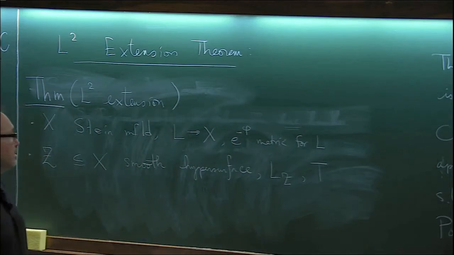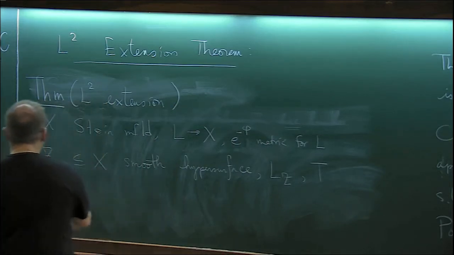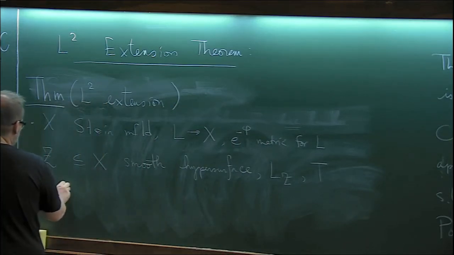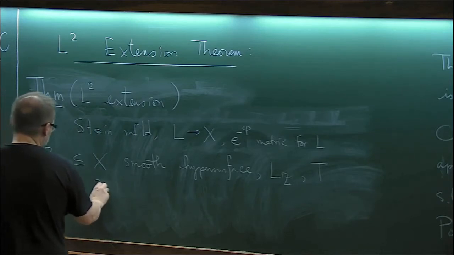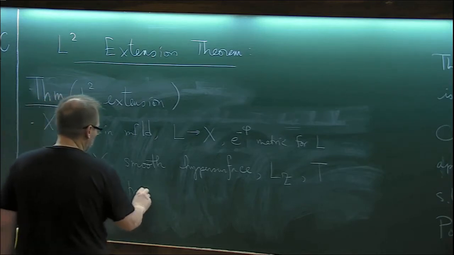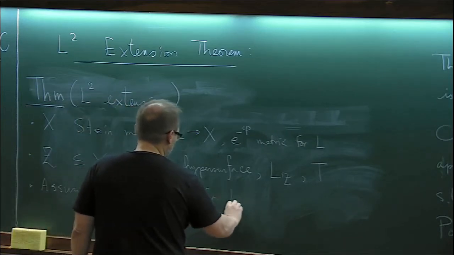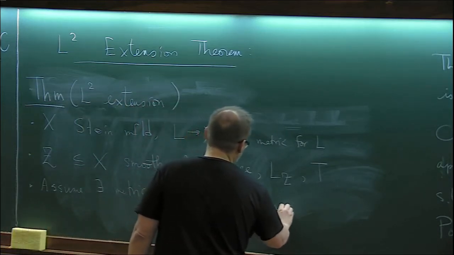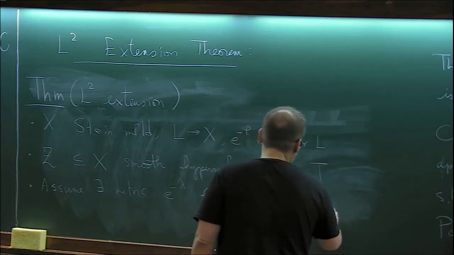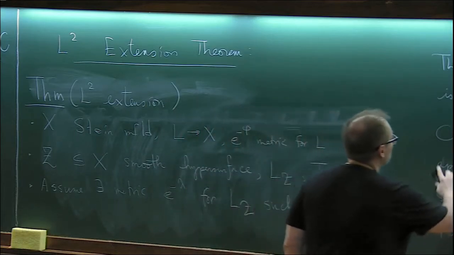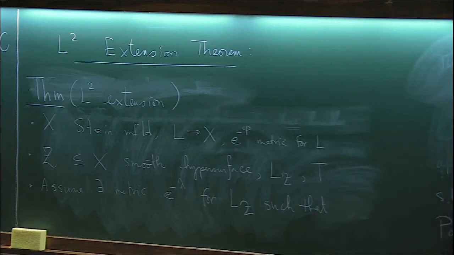I'm going to assume there exists a metric, which I'll call e to the minus lambda, for LZ, such that there are two properties.